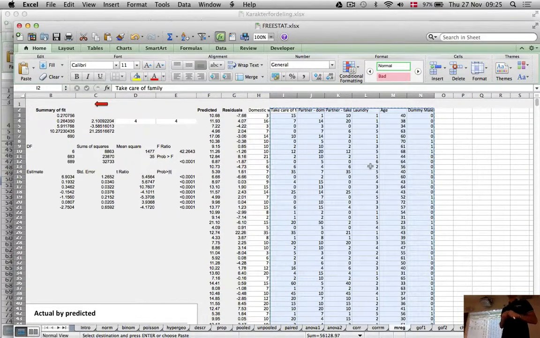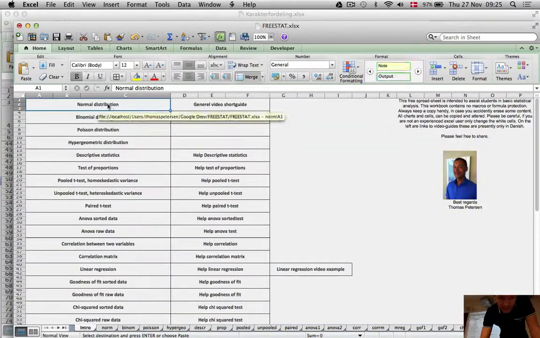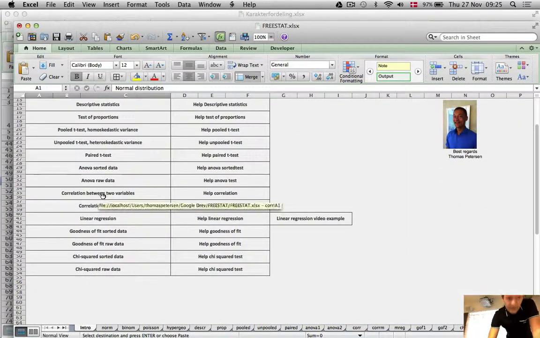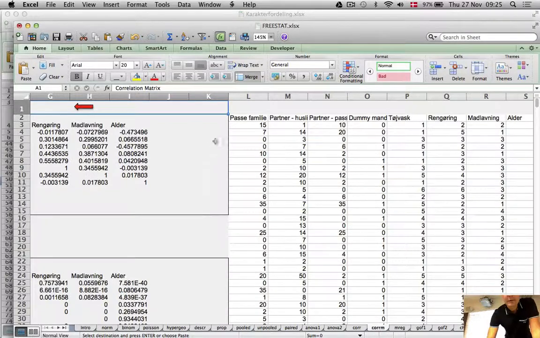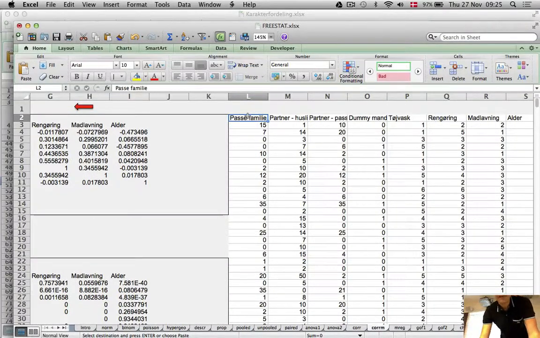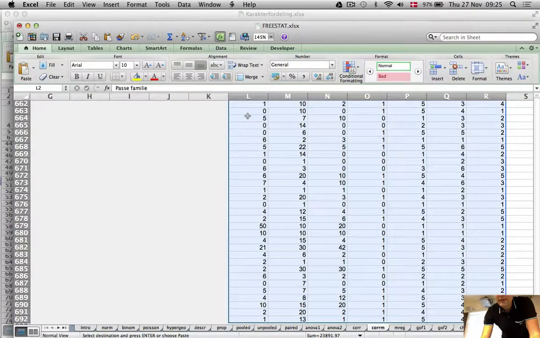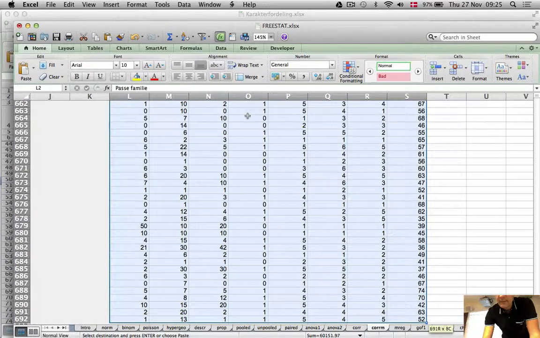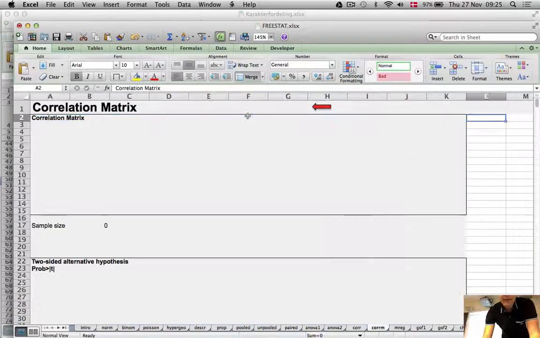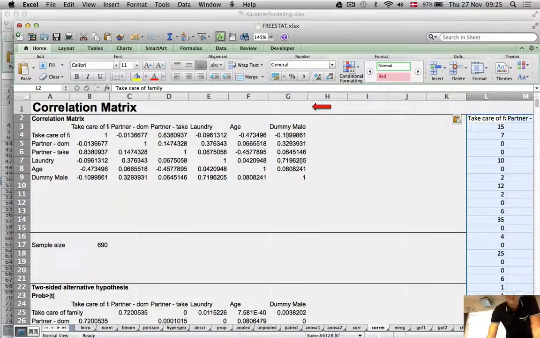Do you know where I can calculate the correlation coefficient of many variables? I can do that in Core M, the correlation matrix, right? I have the correlation between 2 variables here and between many variables here, so I just put them into Core M. So here I have the previous analysis, so I'll just delete these, and then I can put in my new variables.